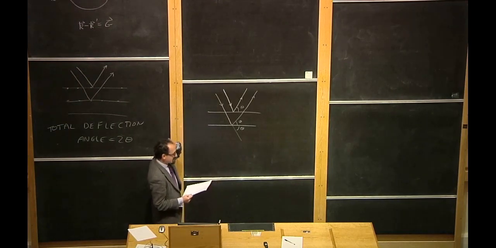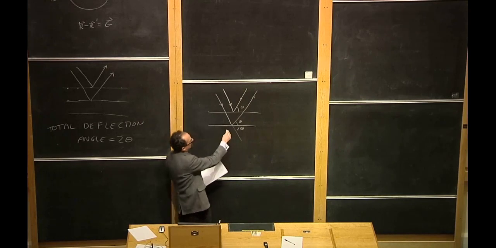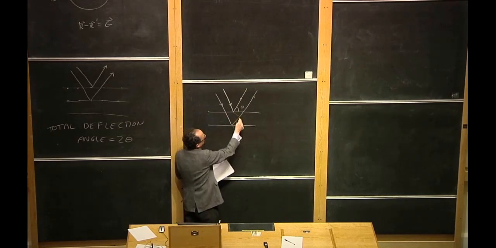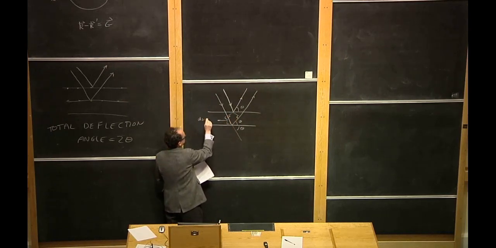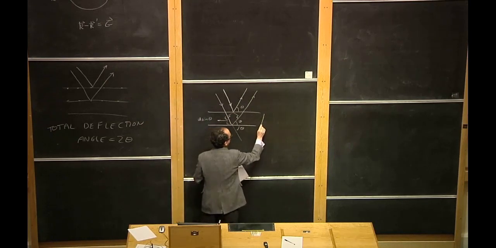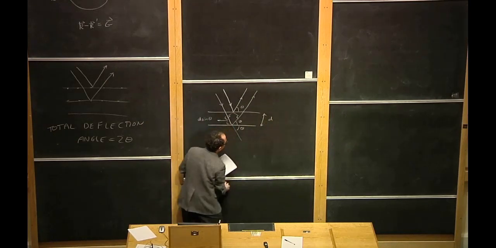So as you did this type of calculation in prior years, you know that what you need to do is calculate the additional distance traveled by the second wave. So if I drop a perpendicular here and a perpendicular here, the additional distance here is d sine theta, if d is the distance between the layers.